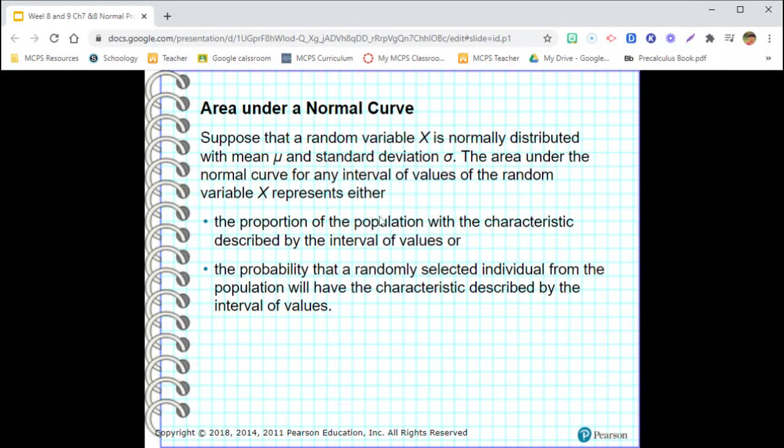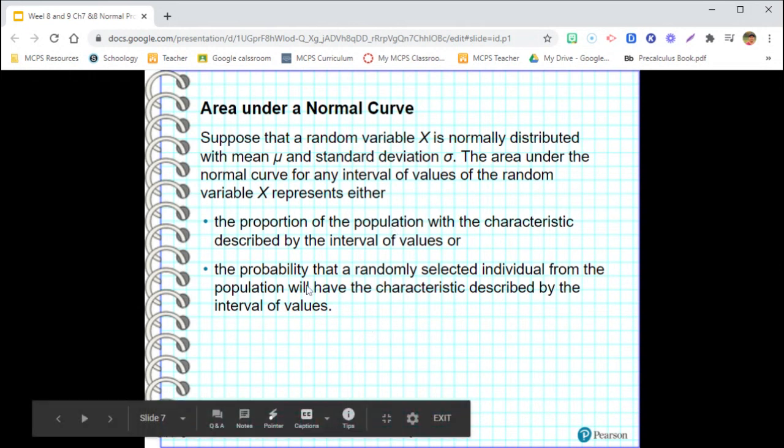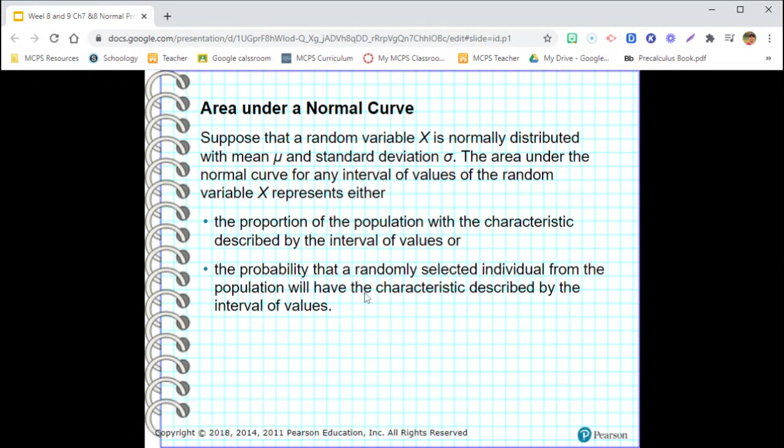So the area may represent probability as well. So when we say area, sometimes the question will ask you to find the area within that normal curve. It also means to find the probability. So probability and area are interchangeable when you're being asked for that particular question.